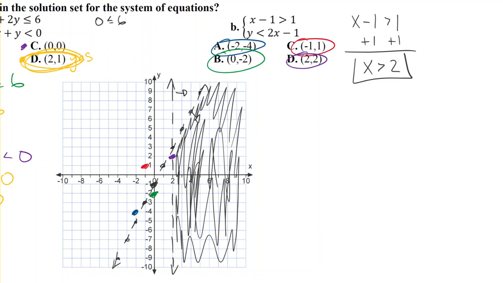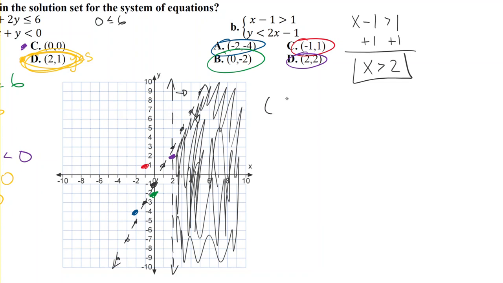Are they all no's? 2x minus 1: 2, 2; negative 1, 1; negative 2, negative 4; 2, 2. Yeah, they're all no's there. So let's do one of them. Let's do 2, 2.